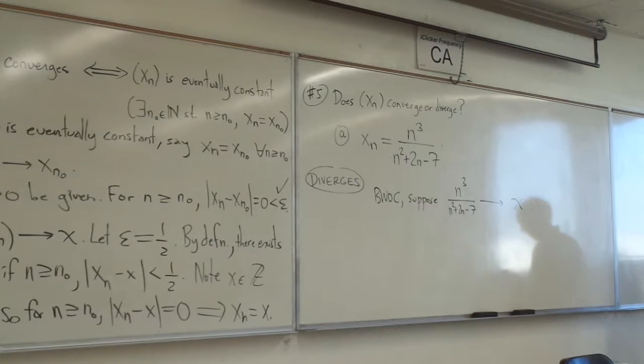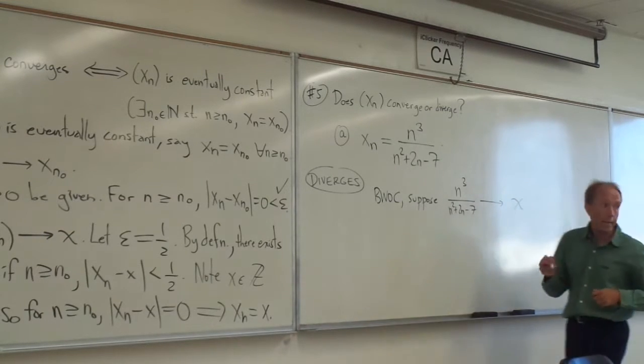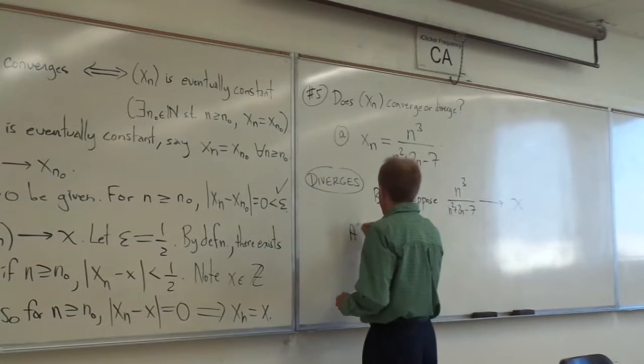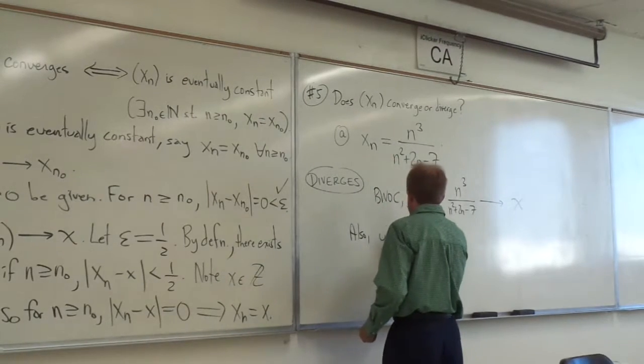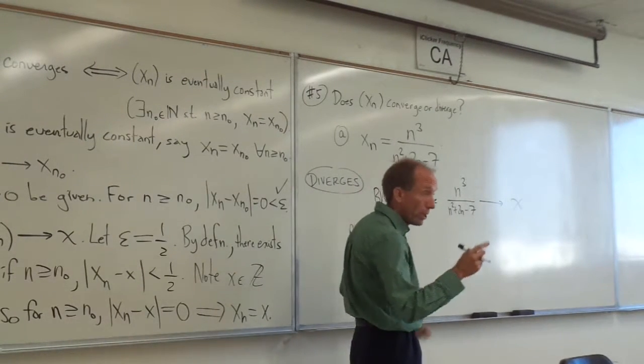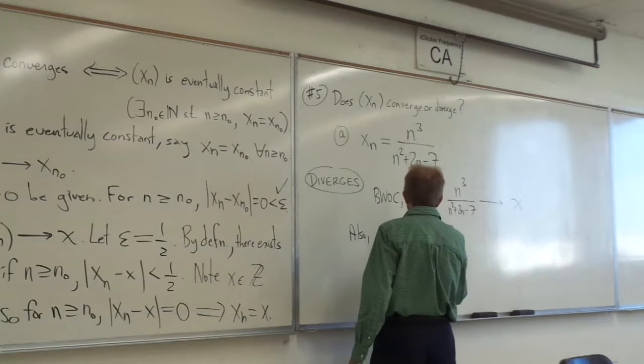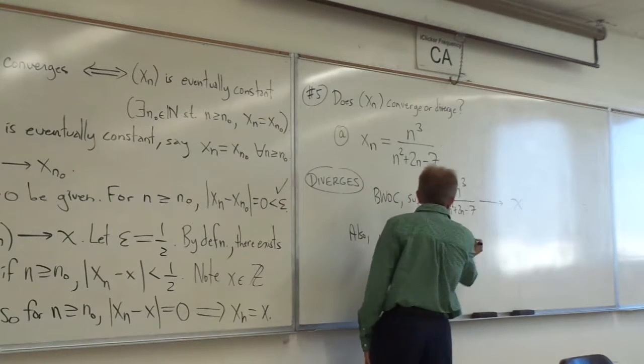So how could we use the limit theorems? Use the n squared? Yeah, that's exactly what I would do. So the point is that if we make another sequence, so also yn, so you said 1 over n squared, we know that 1 over n squared converges to 0, of course.